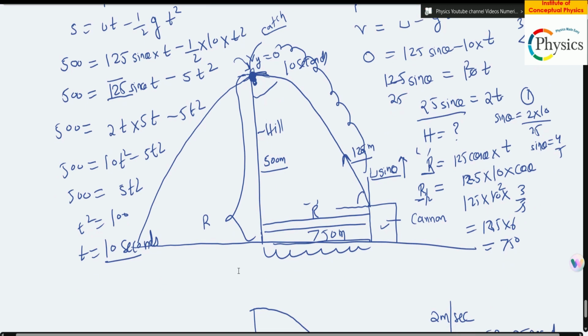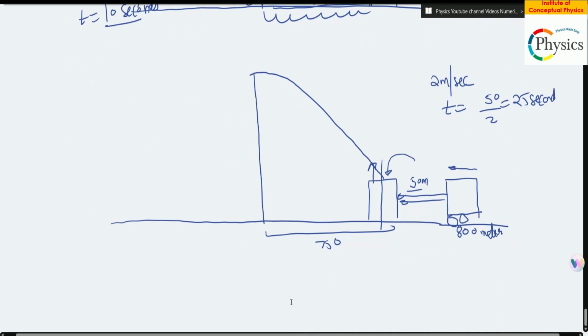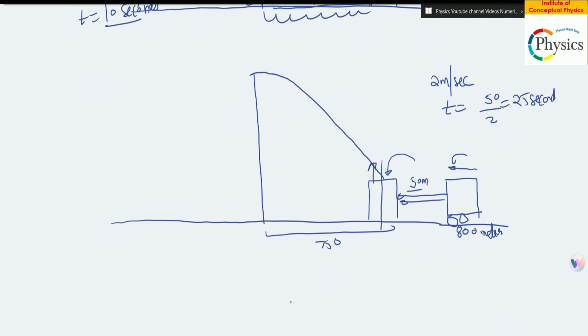So there are two parts to the motion. One is the cannon should first be pushed like this for 25 seconds. Then you press the trigger, and it takes another 10 seconds, which is the shortest time here. But the 25 seconds are mandatory.